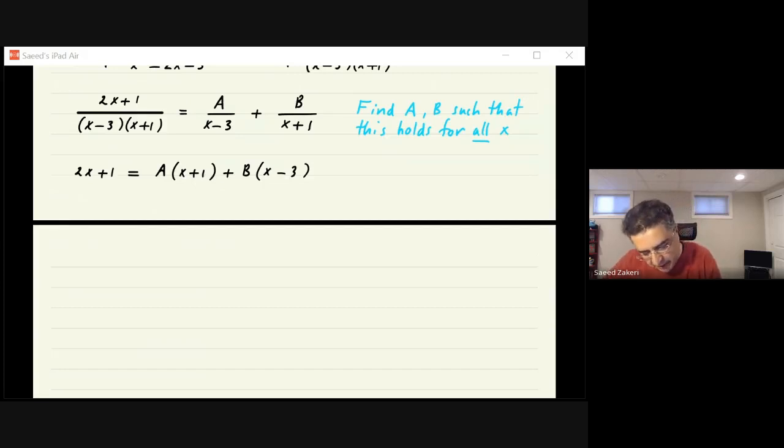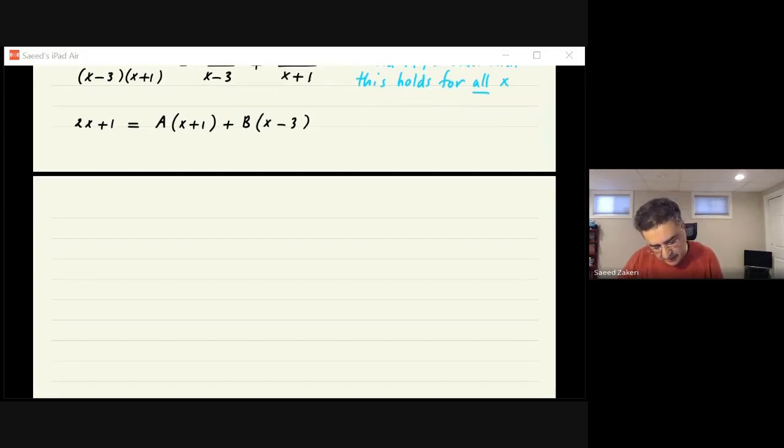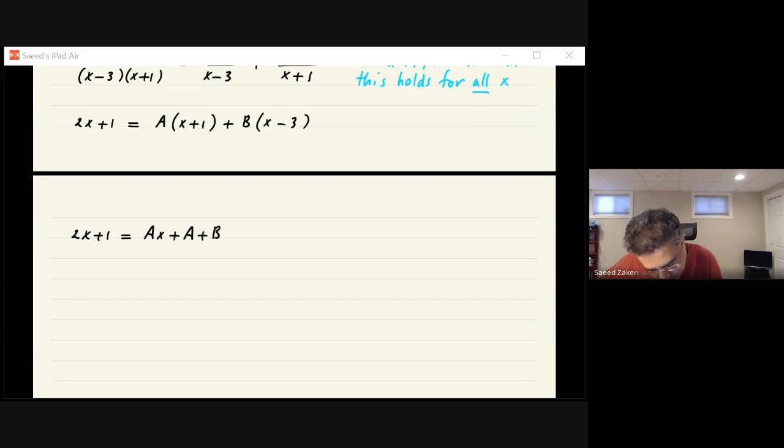OK, I'm going to show you two different methods to recover A and B. And the first method is the simplest method. You say 2x plus 1 equals, multiply out everything, Ax plus A plus Bx minus 3B. Collect similar terms together. So collect x terms together.